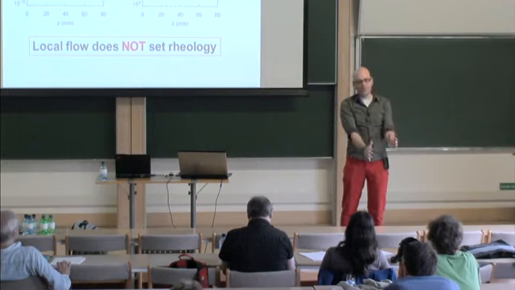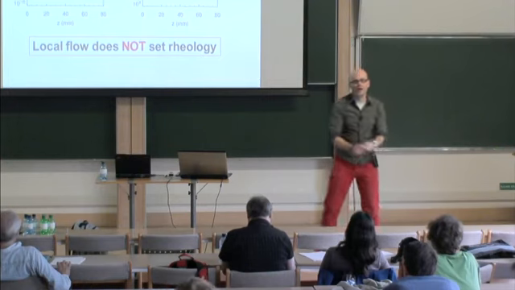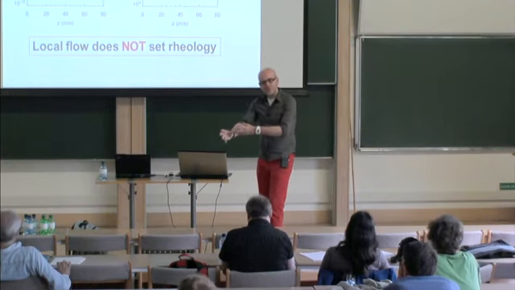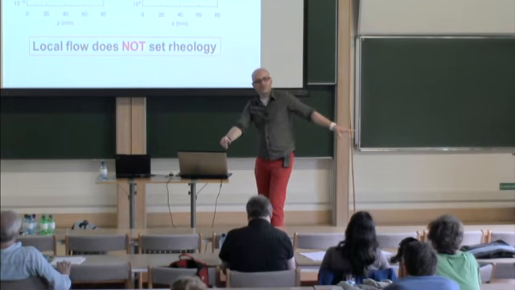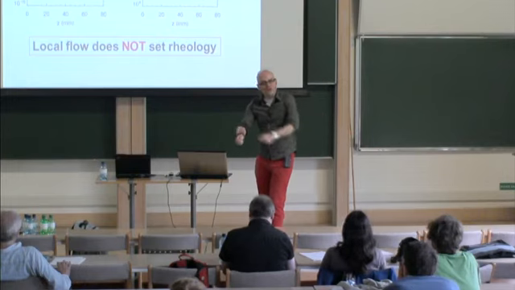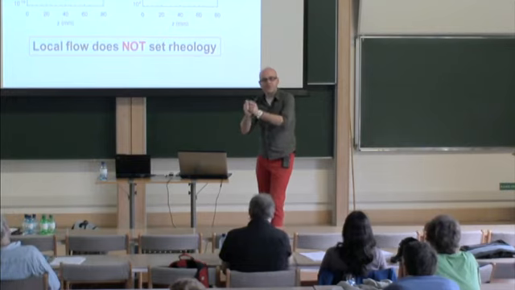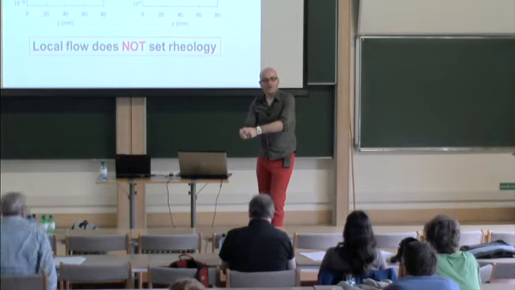If I stir the sand in one location and I go further out and probe the rheology there, I really need to know what was happening further out. In some sense, it's a non-local thing. The local flow rate that I have there is not sufficient to understand what's going on in the sand.